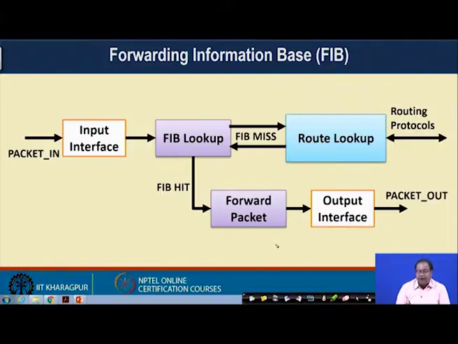So, you forward the packet, put the packet in the output interface and execute a packet out event, that means output the packet to the link. Otherwise, if there is a FIB miss, that means the information is not there in the forwarding information base. You look into the routing table and make a route lookup. The route lookup procedure will interact with the routing protocol, get the routing information and put it in the FIB.